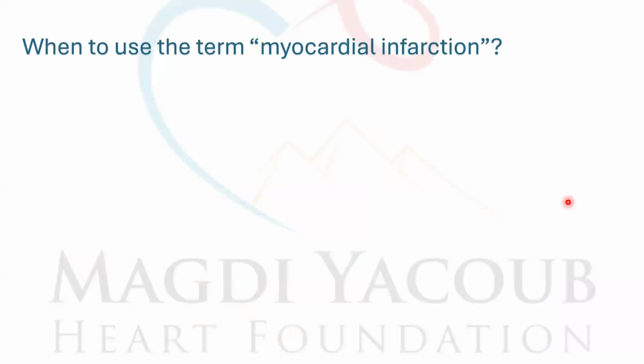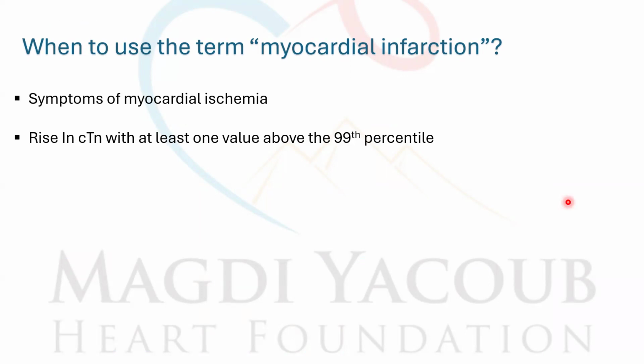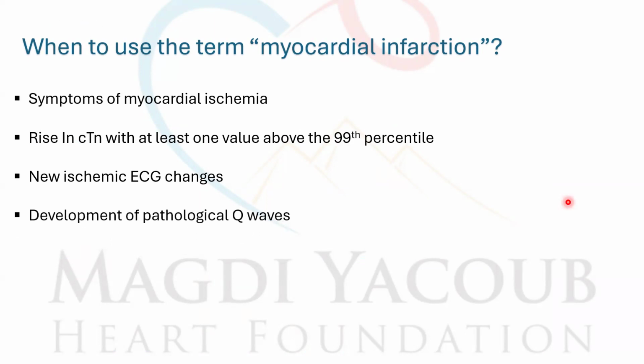Now, when do we actually use the term myocardial infarction? To use the term, we have to have some signs of myocardial infarction. First, we have to have symptoms that represent myocardial ischemia. We have to have a rise in cardiac troponin of at least 1 value above the 99th percentile. We have to have new ischemic EKG changes and development of pathological Q waves.